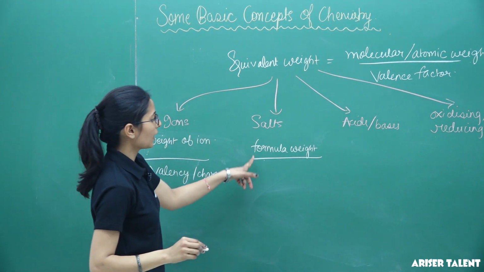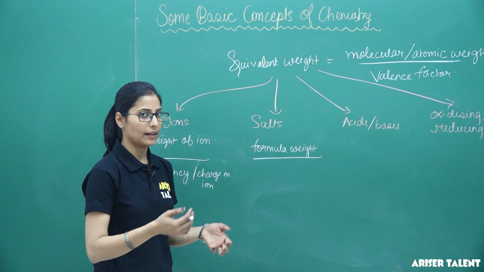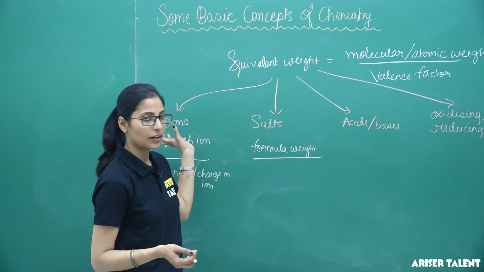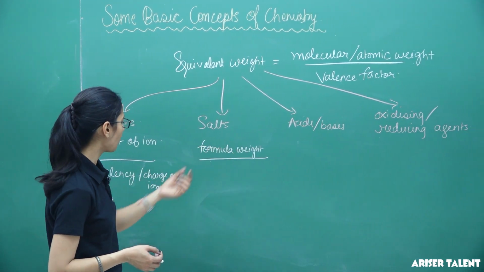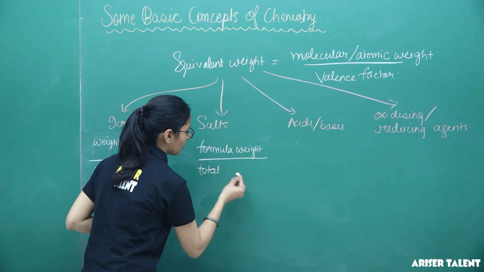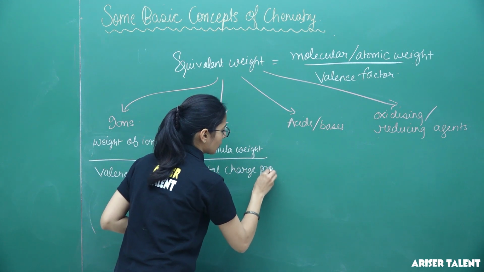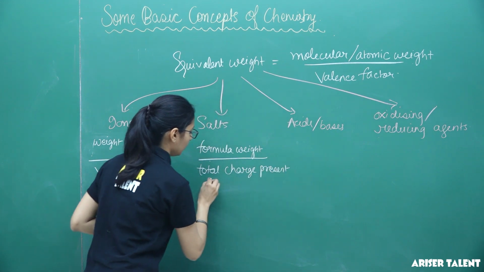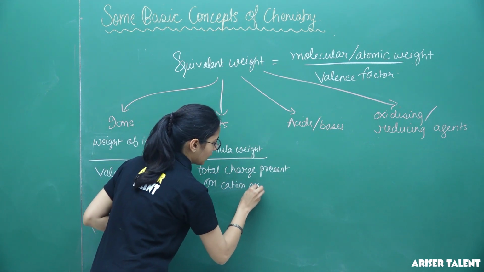Okay. Formula weight is generally used for the salts or for the ionic compounds. That is why I have erased that and written it here. Okay. So, this is the formula weight divided by the total charge present on the cation or anion.